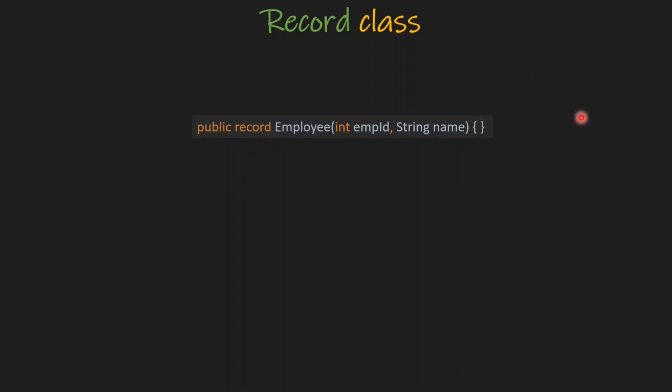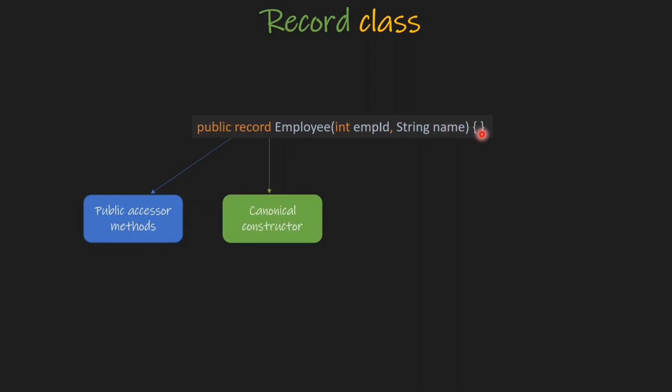What happens behind the scenes is that Java adds a few things for this. It adds the public accessor methods, so it will add methods to get the values of employee ID and name, and these methods have the same name as the fields. It also adds a canonical constructor, the constructor which takes these two values and assigns them to instance variables.